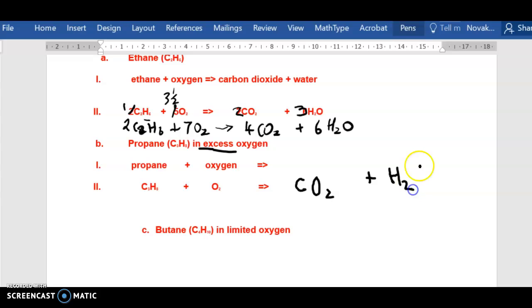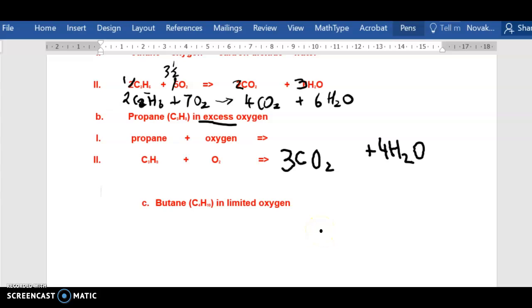Hopefully it will be a little bit easier than the methane. So let's go. So we have three carbons on this side, so we'll need three carbons on the other. Remember, you can't change the formula, only the coefficient. We have eight hydrogens on this side, so we'll need 4 times 2 is 8.